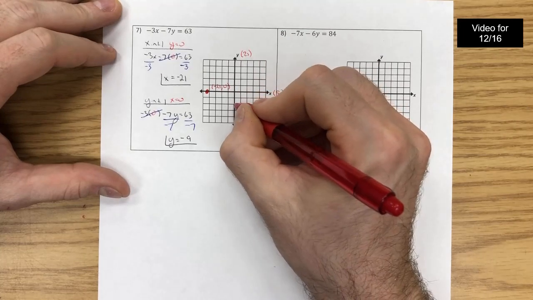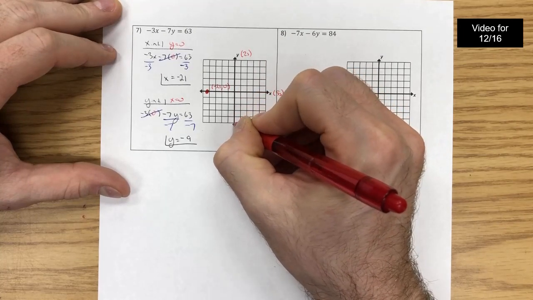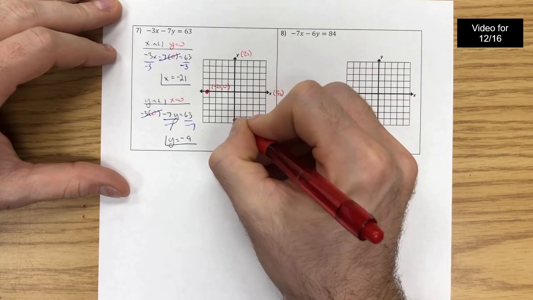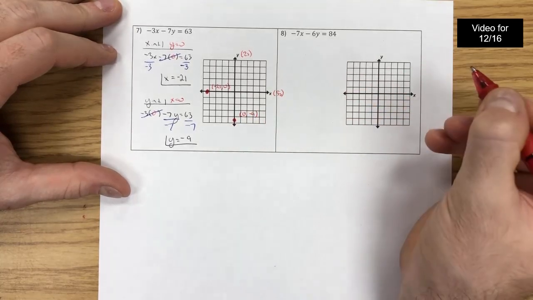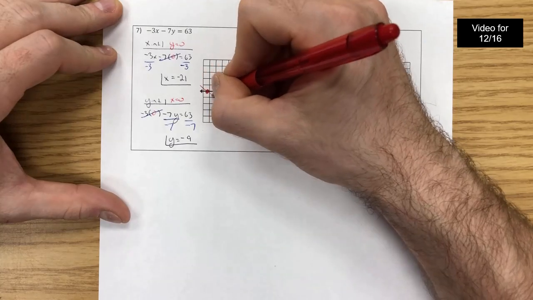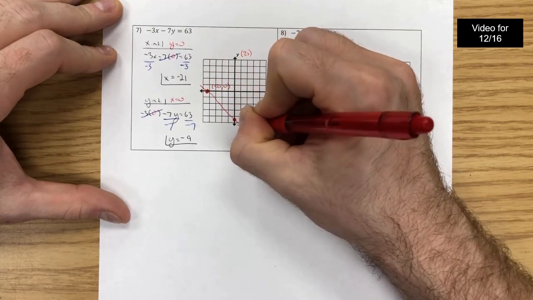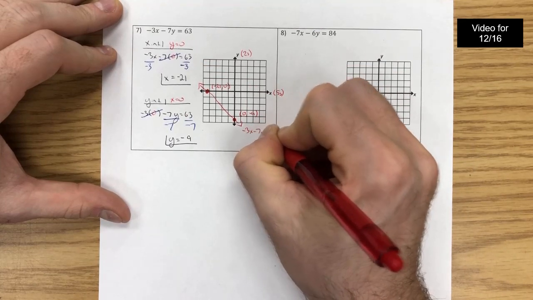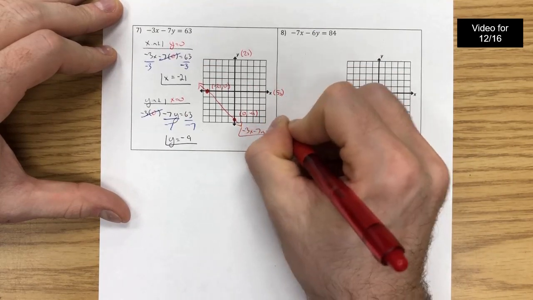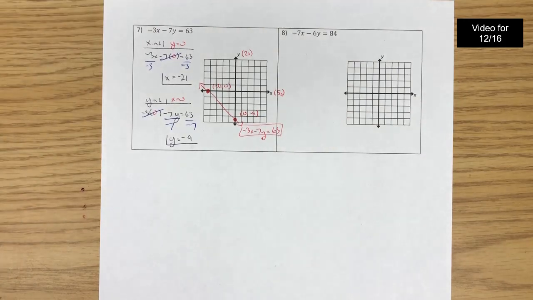So 2, 4, 6, 8, 10. It's going to be somewhere between the two at 0, comma, negative 9. I'm going to connect those 2 points with a straight line, draw arrows for continuity, and label it. Boom. How'd you do?